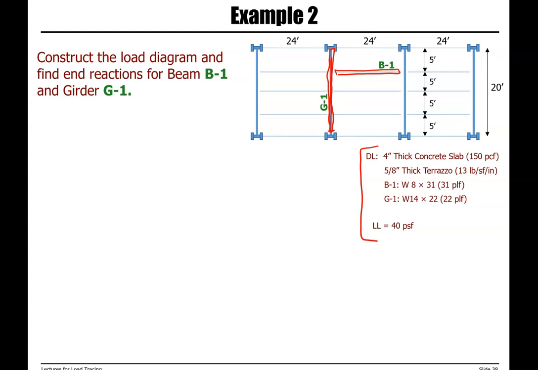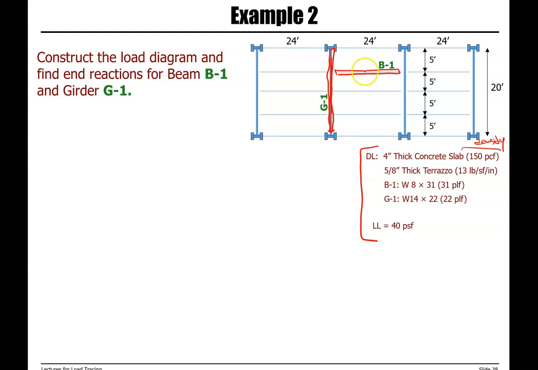Dead load includes a 4-inch thickness concrete slab with a density of concrete of 150 pounds per cubic foot, PCF. 5/8-inch thick terrazzo, 13 pounds per square foot per inch.